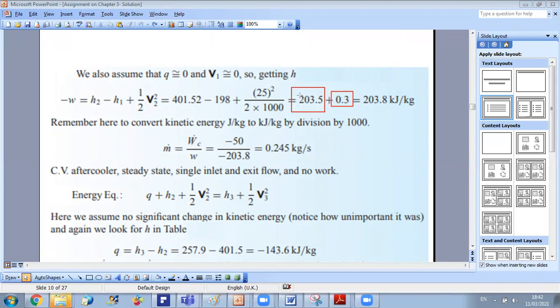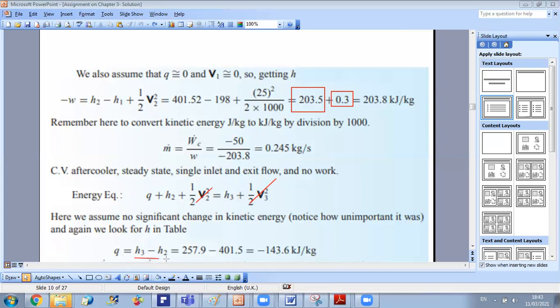So for the cooler, we neglect velocity variation. They didn't give us the final velocity anyway, so we assume constant velocity. By applying Q plus H2 equals H3, Q is H3 minus H2.